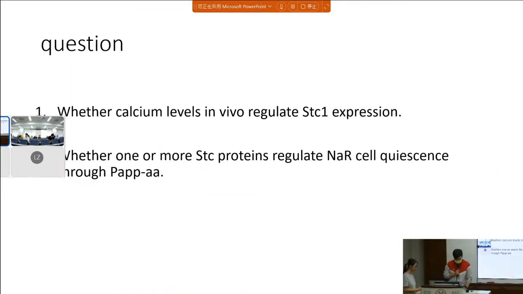Based on those observations, the authors asked two questions: whether the calcium ion level in the body regulates the expression of STC1, and whether one or more STC proteins regulate NaR cell quiescent loss through PAPP-A.